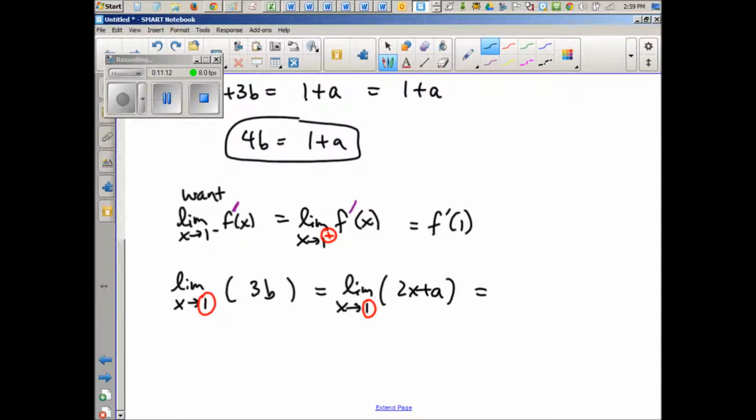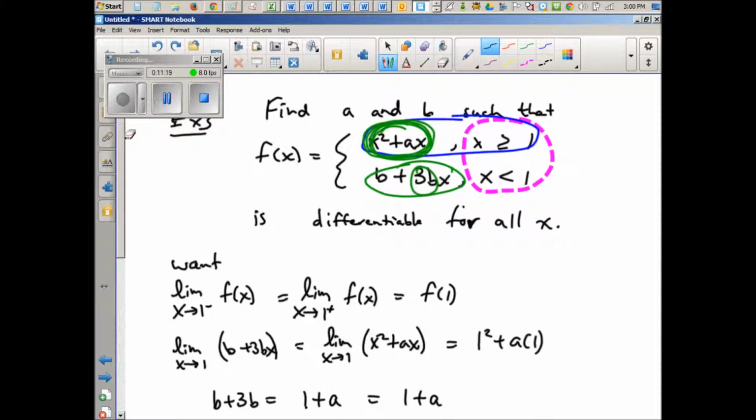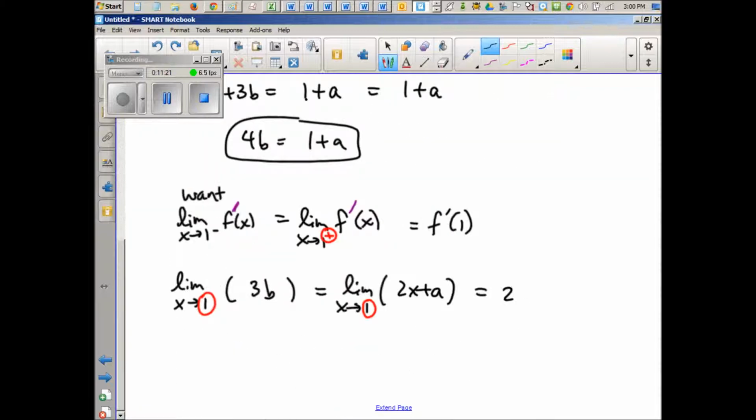And then as for this f prime of 1, we just have to pick the function that will allow us to plug in 1. That's actually the first one, x squared plus ax. So the derivative of that was 2x plus a. We're plugging in x equals 1. Since there's nowhere to plug in the x here, it's just simply 3b.